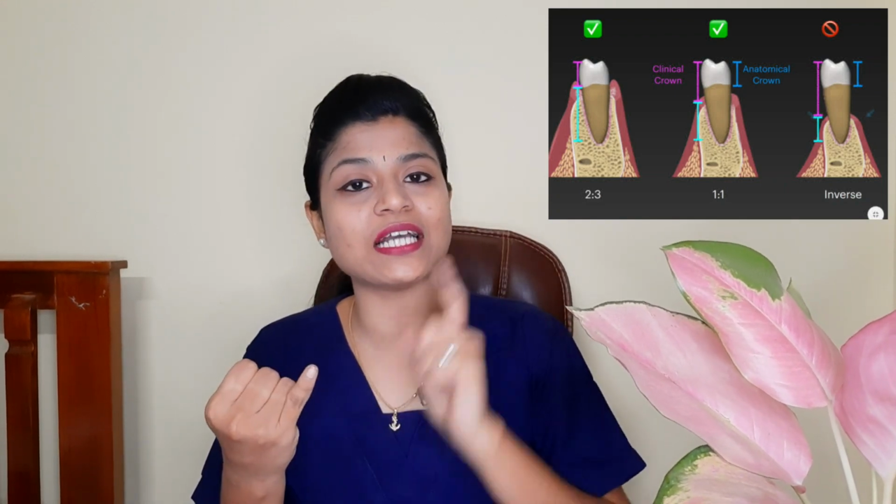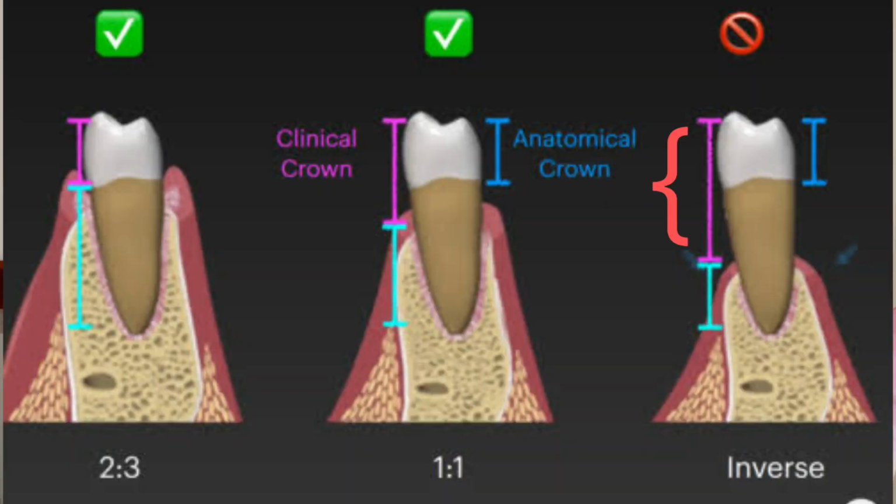If the option is 2:1, that means we have 2 parts of crown and 1 part of root, which is not appropriate. There will be a very poor prognosis in the FPD, very minimal stability, and more chances of fracture and mobility.